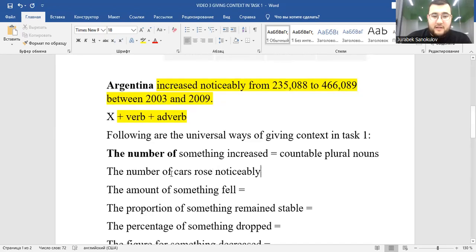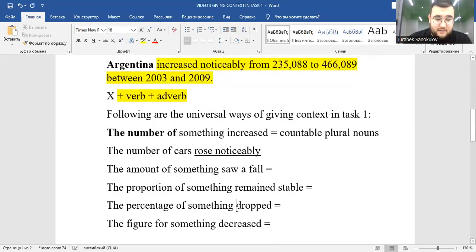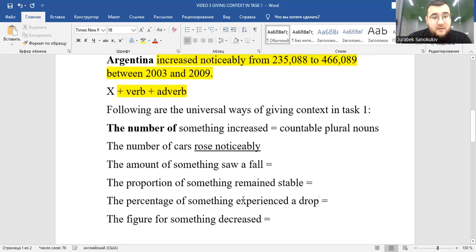You see, the number of cars, it's a plural and countable noun. Rose noticeably. We use the verb sentence structure. Let's include some noun sentence structures here. Saw a fall, experienced a drop. Refer to the previous video if you're not getting what's going on here.